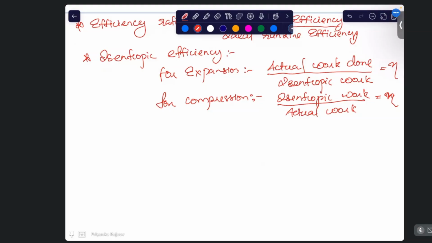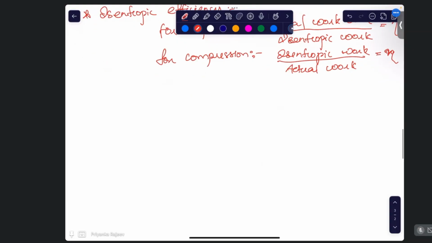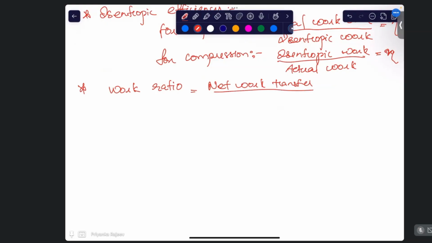Next is work ratio. Work ratio equals net work transfer to positive work transfer.